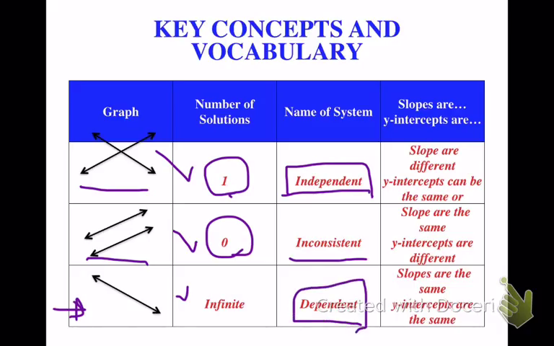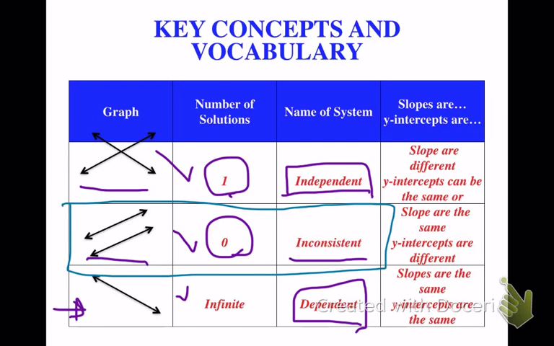No intersection at all means that they are inconsistent. If they intersect, then one intersection means that they are independent, and then if they have everything in common, they are dependent. So you're going to need to be able to look at systems and tell me, are they inconsistent, independent, or dependent?